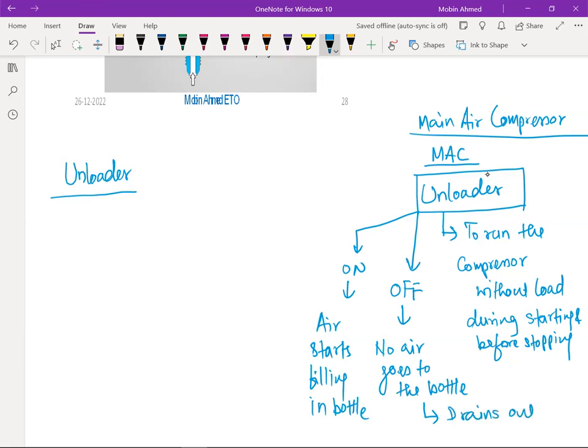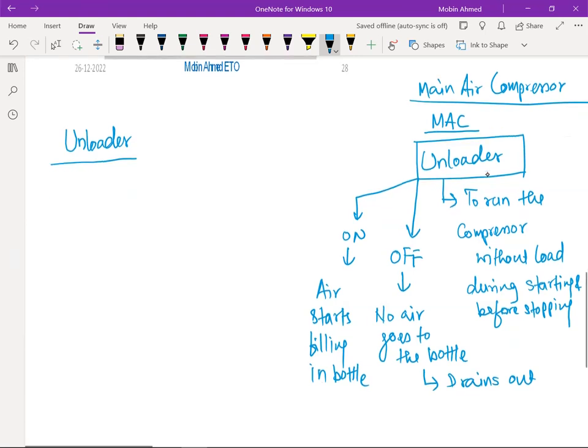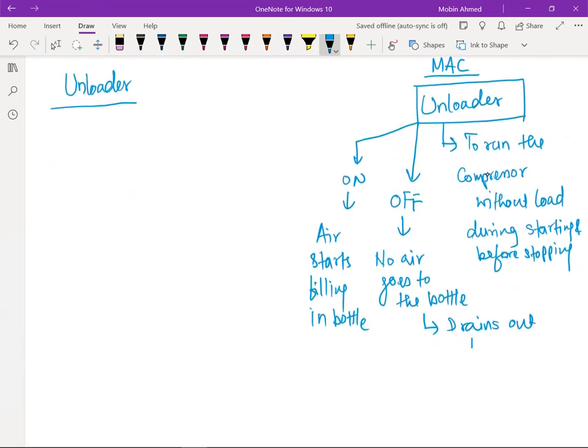Why does it drain out? So that any moisture plus oil are removed from the line. That is the one purpose.